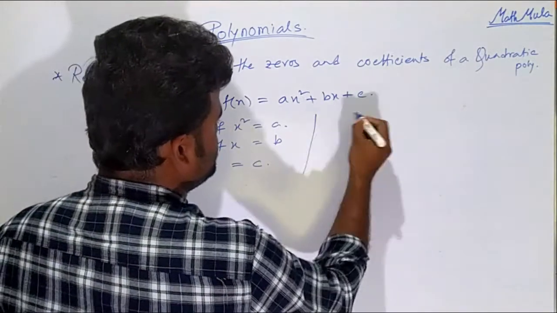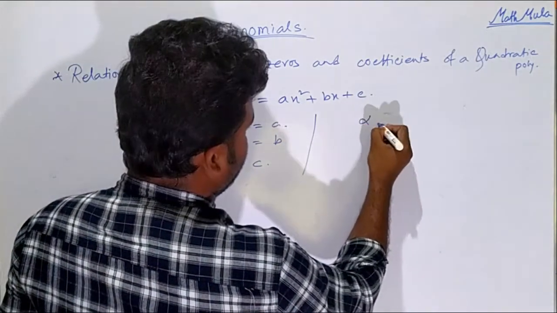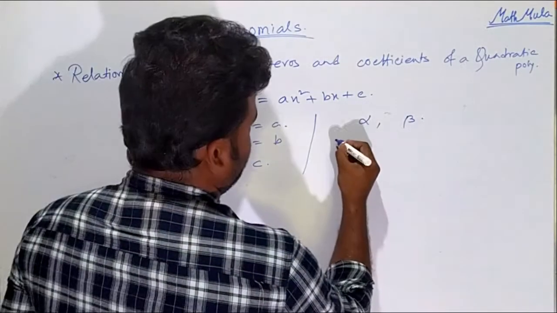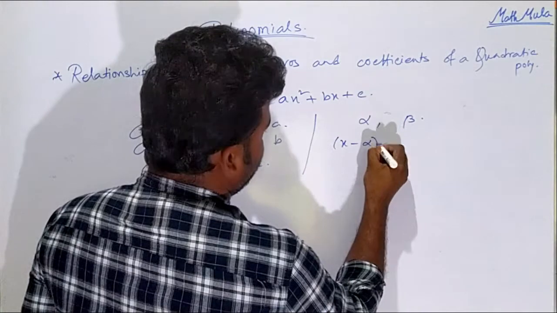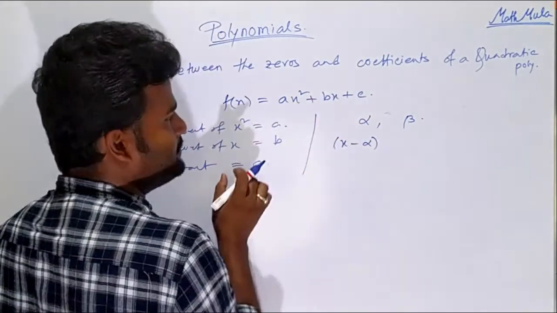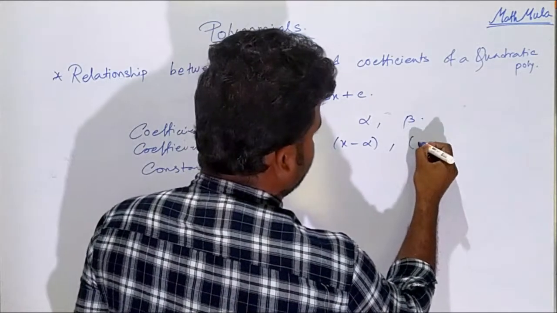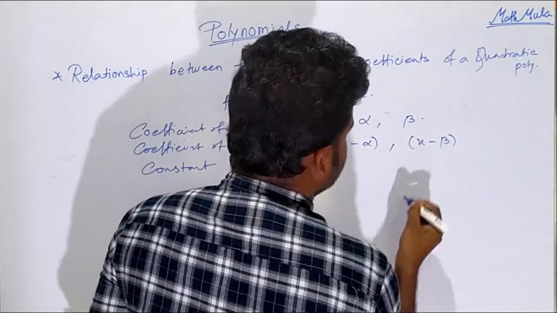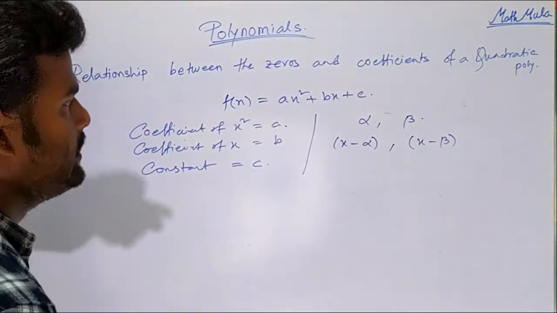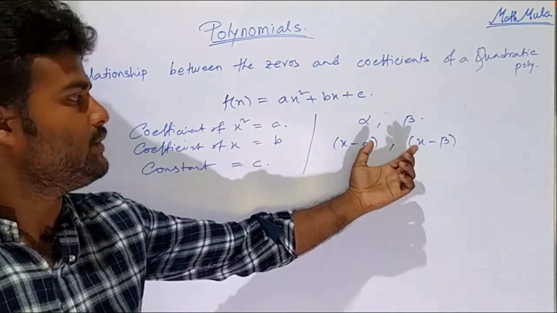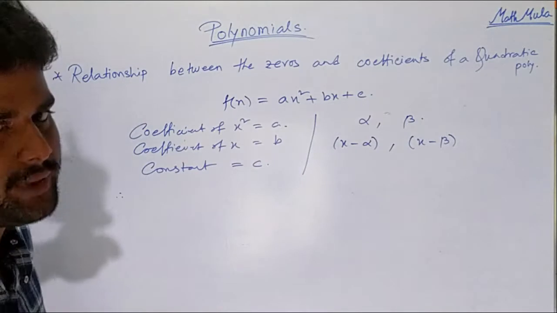Let these 2 zeros be alpha and beta. Then x minus alpha is a factor of this given polynomial, and x minus beta is also a factor of this given polynomial. Now if we multiply these two factors, then we will get the given polynomial.